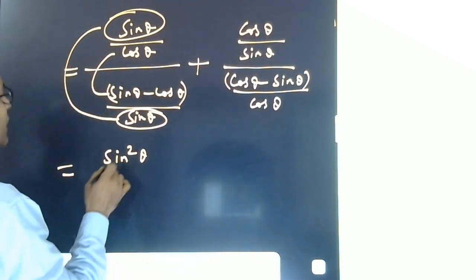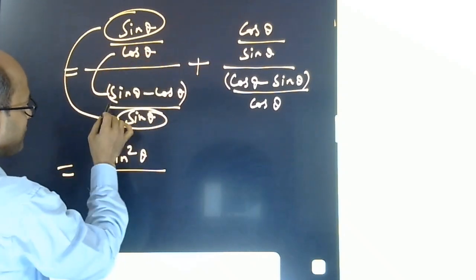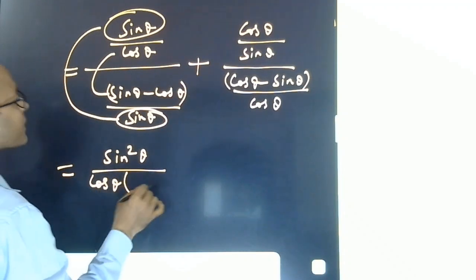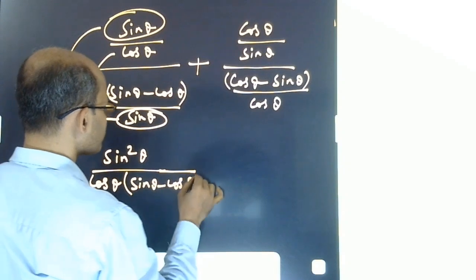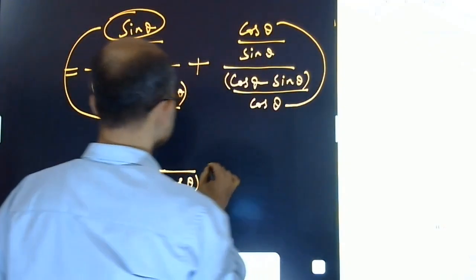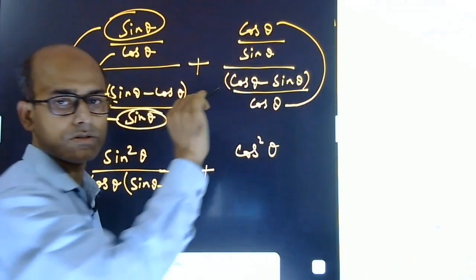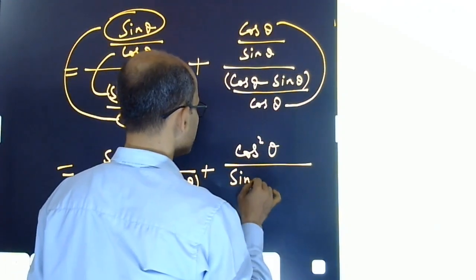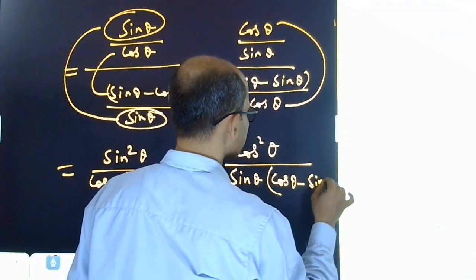And these two terms are multiplied: cos theta multiplied by sin theta minus cos theta will give cos theta times sin theta minus cos theta. Right now we also have to see this: cos theta multiplied by cos theta will give cos square theta, and sin theta multiplied by cos theta minus sin theta.